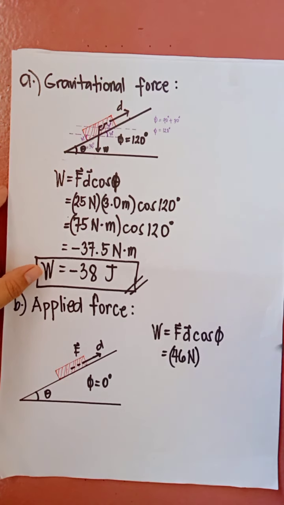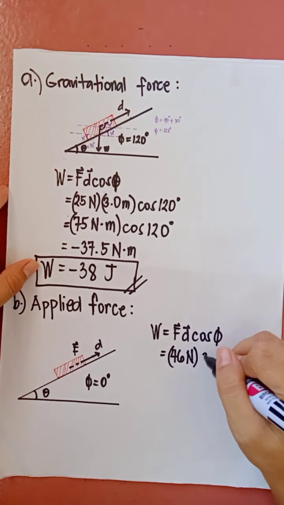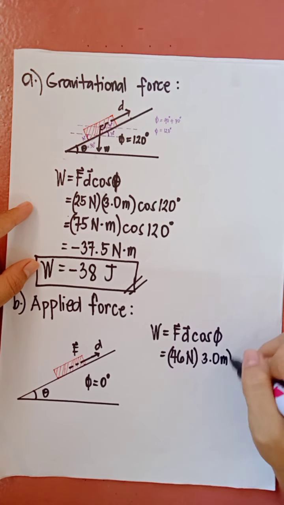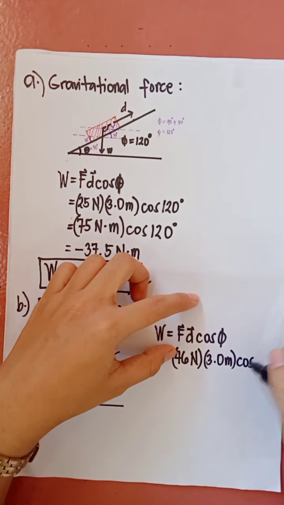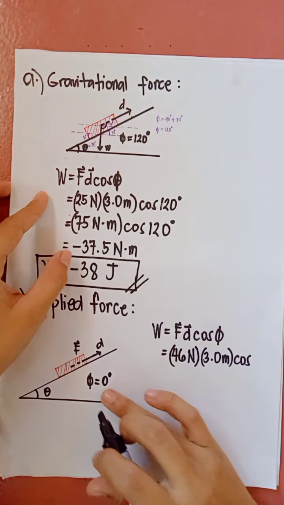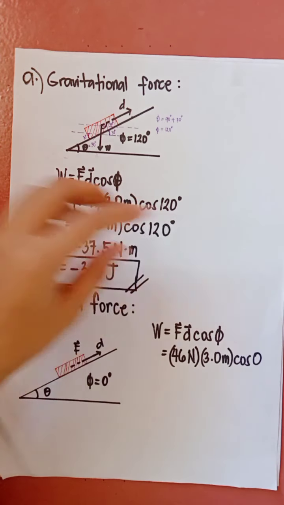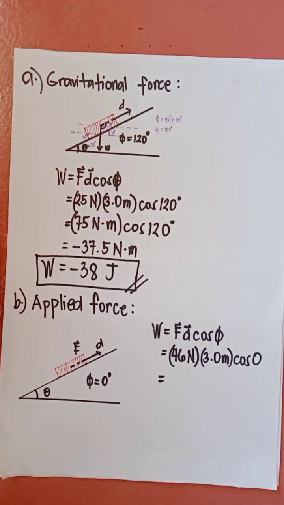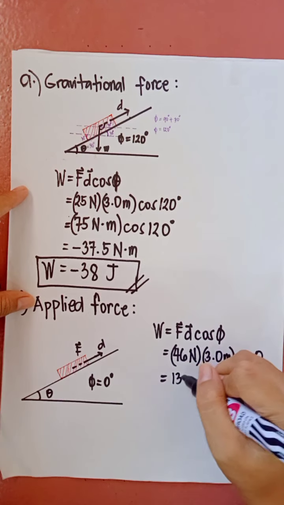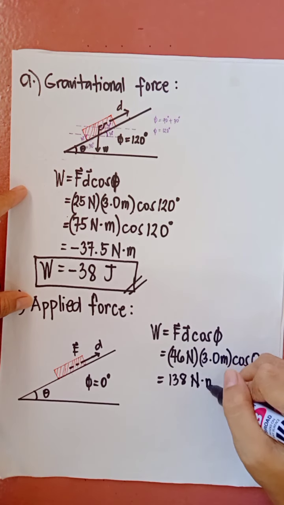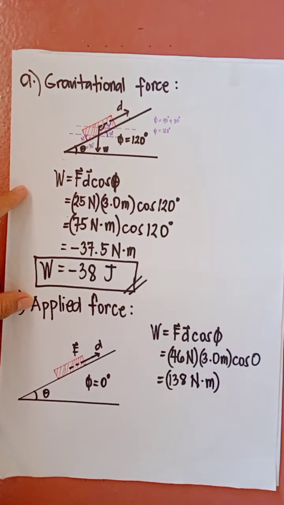And the displacement is still the same, 3 meters. Cosine, what's our angle? The angle between F and d is 0. So, cosine 0. Let us simplify. 46 newtons times 3 meters is 138 newton meters times cosine 0.